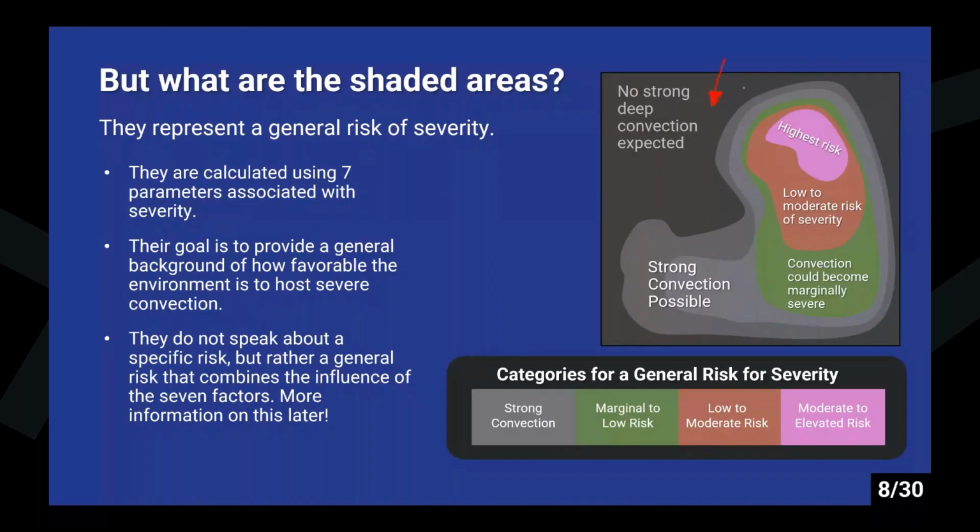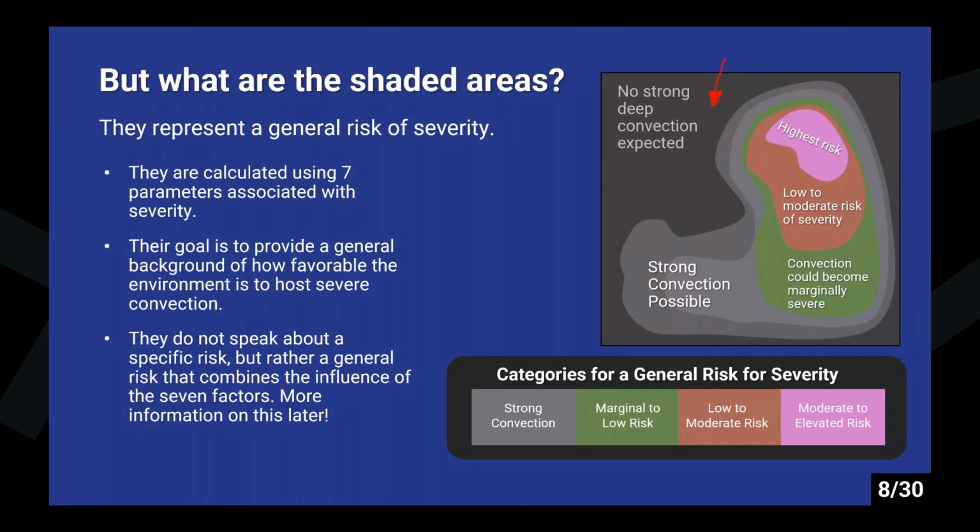Whenever we see this very dark gray, the algorithm is saying, in these regions there's no chance for strong deep convection. It's not expected, so you shouldn't worry about anything. These are regions where you might have fair weather, or if you're going to have any precipitation, very likely it's going to be warm convection or something mild, nothing severe.